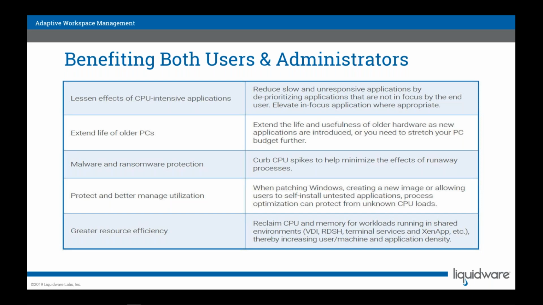So we're getting a pull-through effect of not just affecting the CPU availability, but also of affecting RAM utilization and RAM availability. This is great for reducing slow or unresponsive applications by deprioritizing those that are not in focus, as well as ensuring that you elevate applications where that's appropriate.